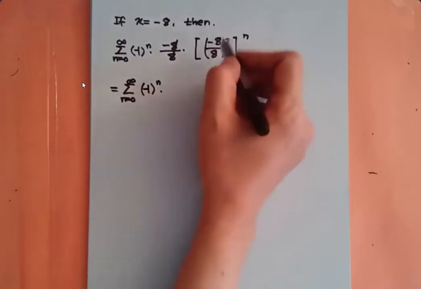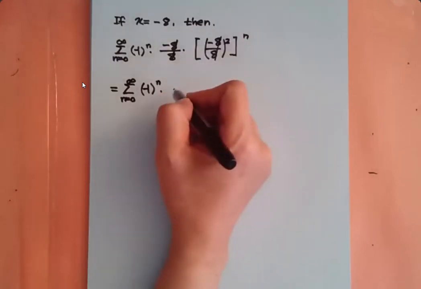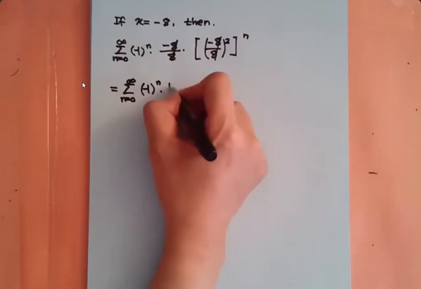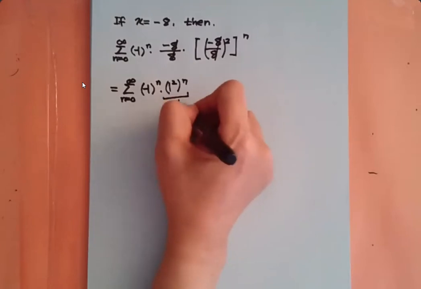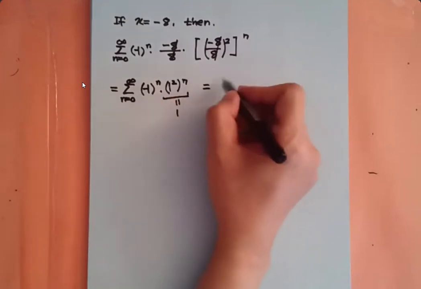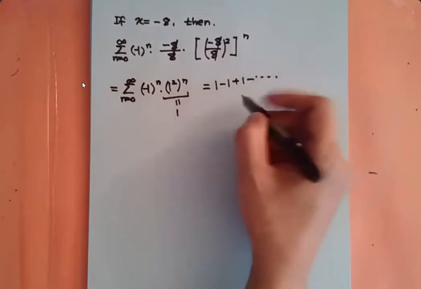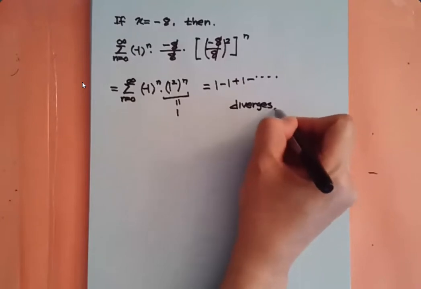And this will be 1, negative 1 squared is 1, and then just 1 squared n power, which equals 1. So it'll be 1 minus 1 plus 1 minus and so on. So this one diverges, right?